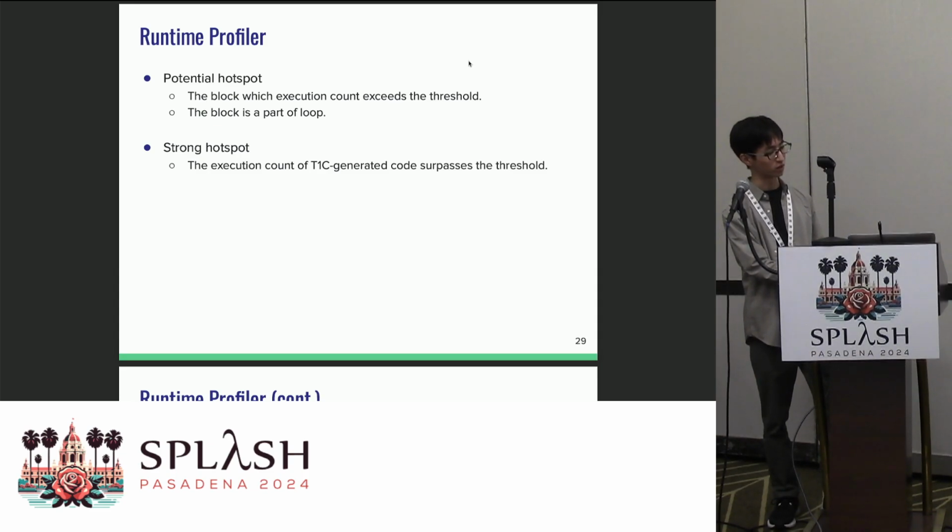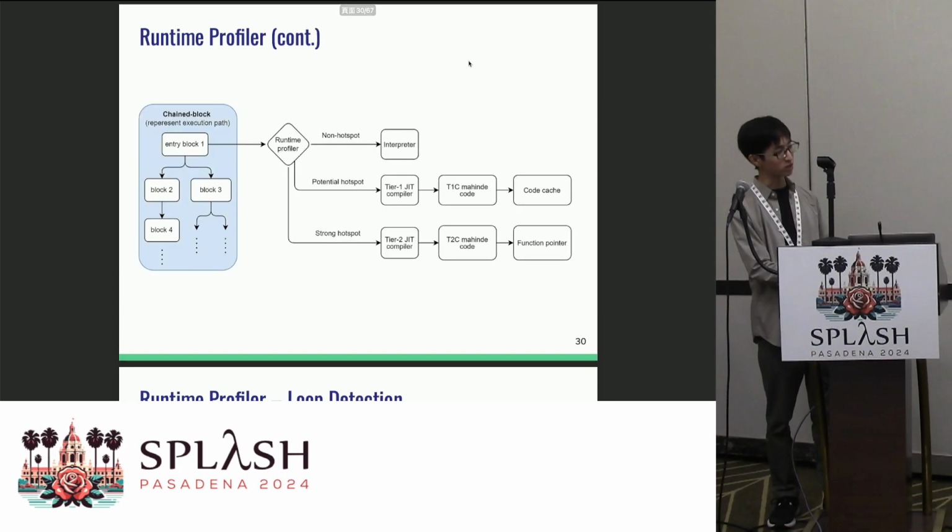The potential one is the block whose execution count exceeds the threshold we set, or is a part of a loop. The strong one comes from the potential hotspot. The execution count of the potential hotspot exceeds the threshold again, and it becomes a strong hotspot. This is the workflow of our runtime profiler.